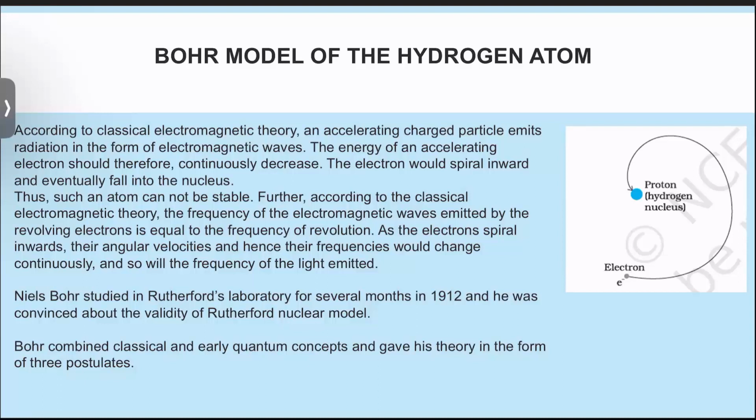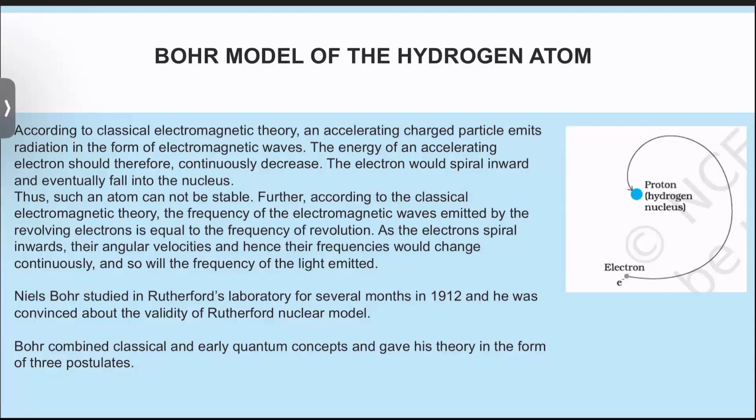The energy of such an accelerating particle, the electron, will continuously decrease as it spirals inwards, and as per this theory it should then fall into the nucleus. But we know that is not how it works. If that happens, then the atom cannot be called stable. So this is a diversion from what we understand about the path or motion of such a revolving electron.